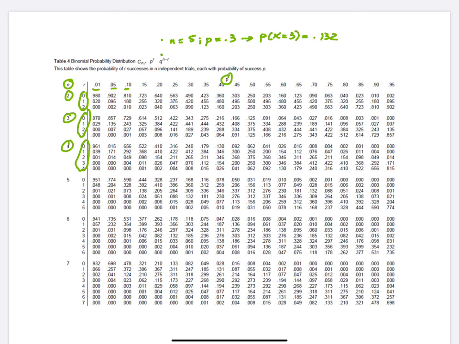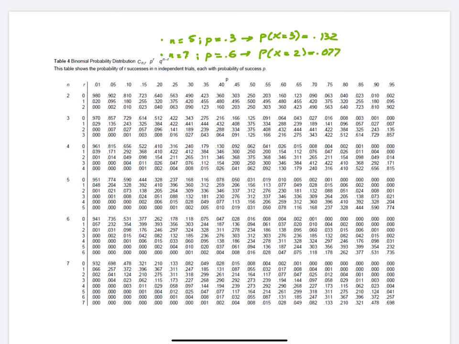In the second example, we have n of 7, p of 0.6, and the probability that x is equal to 2 is 0.077. Let's see how we use this table to find these two probabilities. Let me get rid of all of these first.